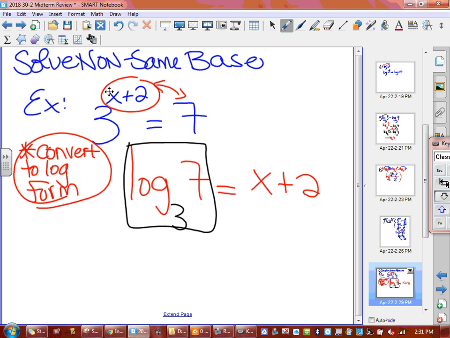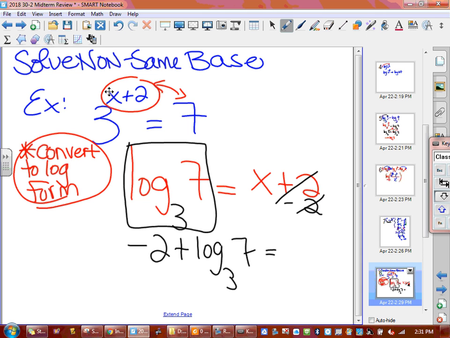You would subtract 2 from this final answer. If you wanted to put it all in one step, you would write -2 plus log base 3 of 7. That's how you would type it in. Or solve this first and then add -2 or subtract 2. So that's how you solve those ones when x is only on one side.